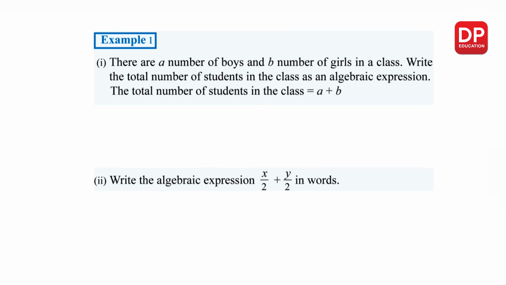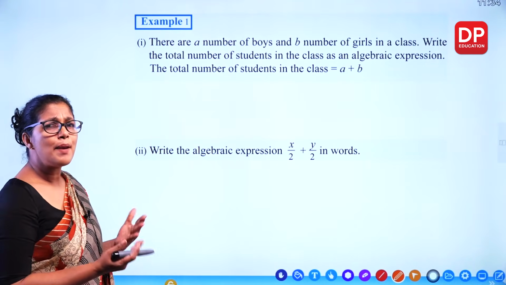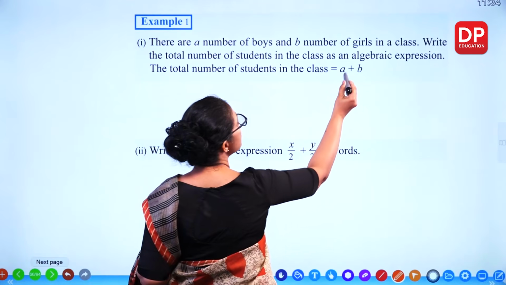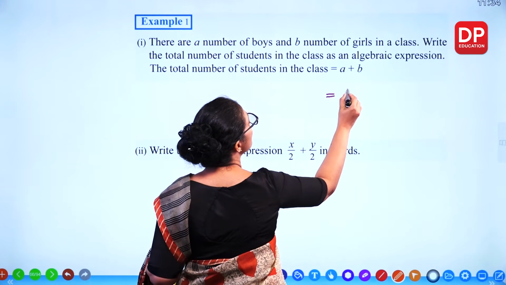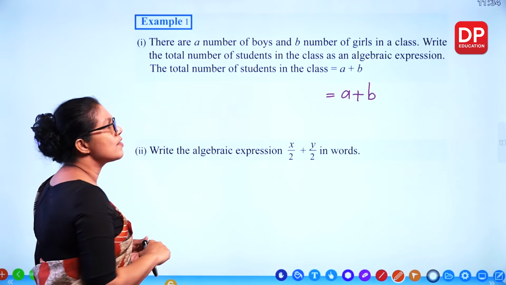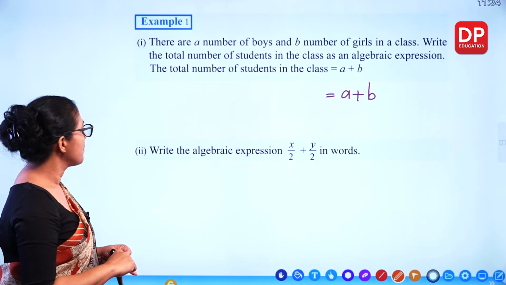Example number 1. There are A number of boys and B number of girls in a class. Write the total number of students in the class as an algebraic expression. So, A and B. So you can't add. So we can write that as A plus B. You can't add these because these are not like terms.